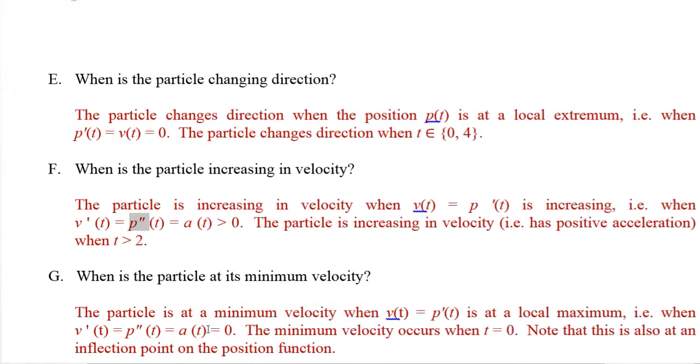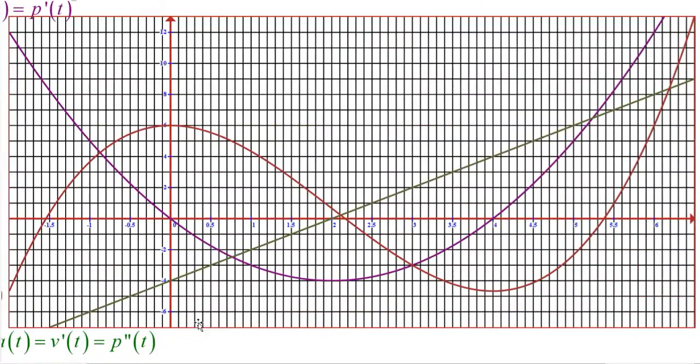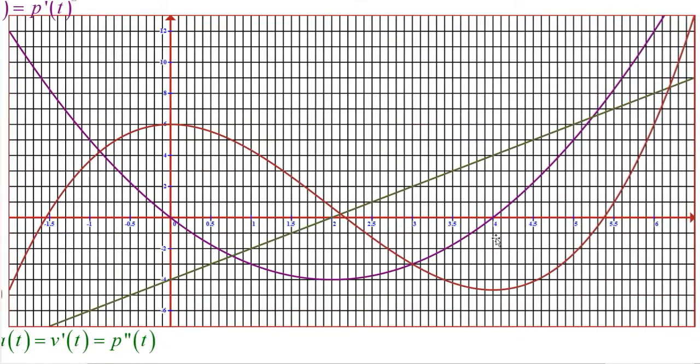Continuing on. When is it at its minimum velocity? So that's going to be when the velocity is the furthest down. That's the purple one here, the parabola. That's the furthest down right here at x is 2. And that's going to happen when the second derivative is 0 and the original function is at an inflection point.